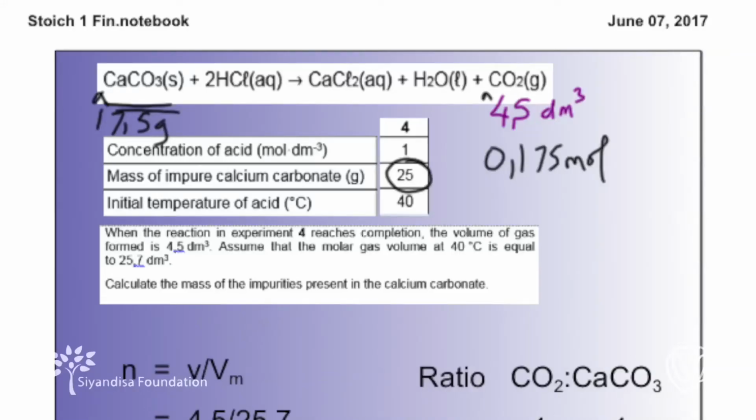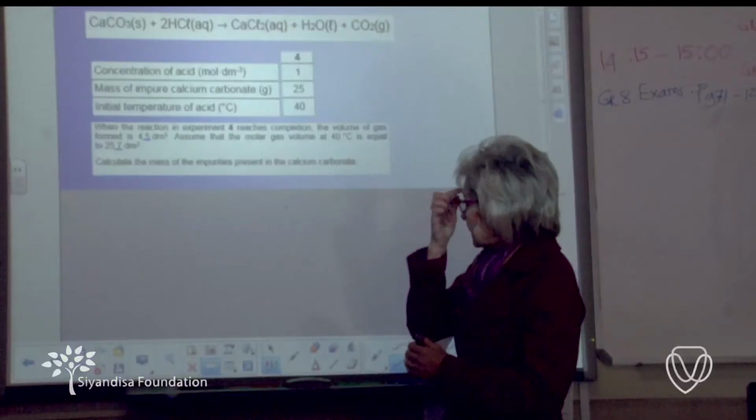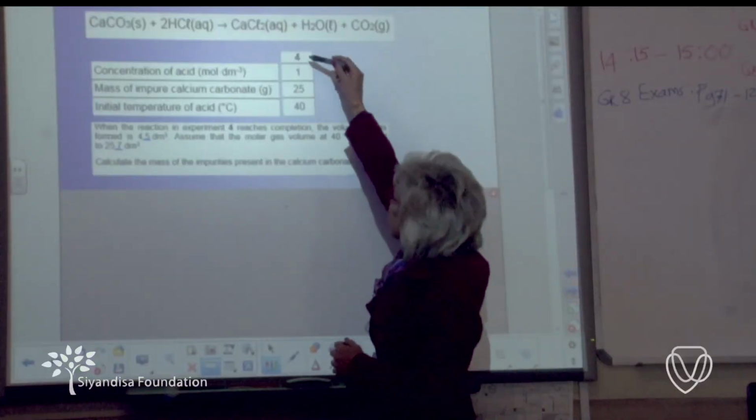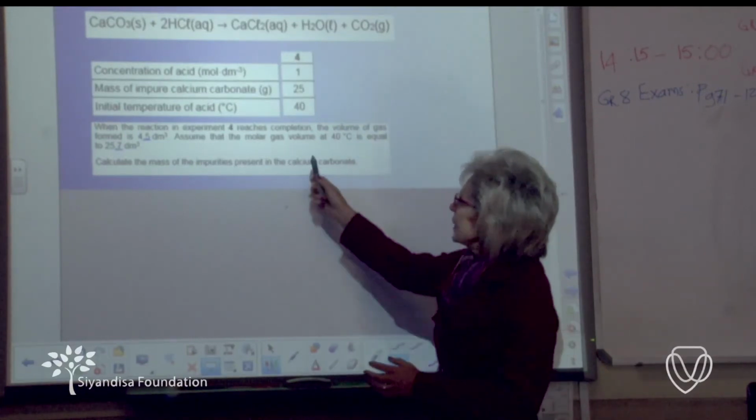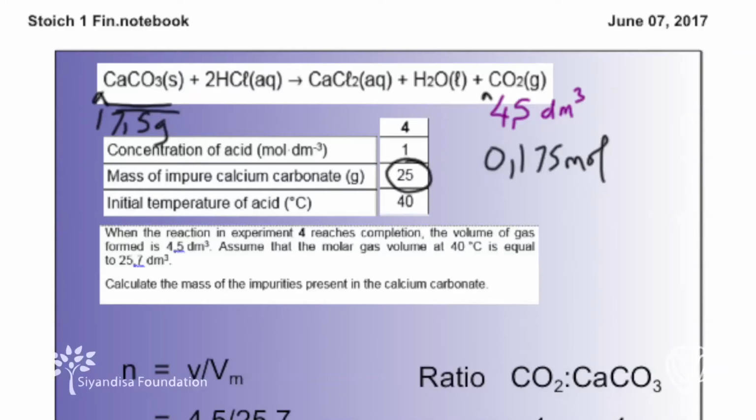So we've got our balanced equation, and I've just made a cut out of the table we've been given of the experiment 4's data. And this is what we were given. When the reaction in experiment 4 reaches completion, the volume of gas formed is 4,5 cubic decimeter.